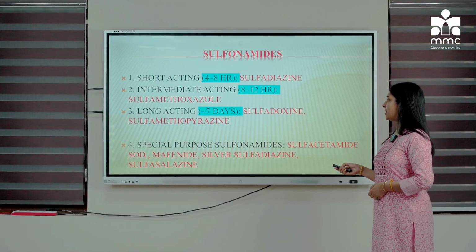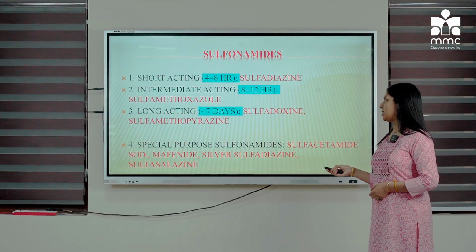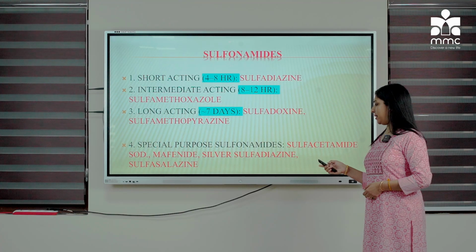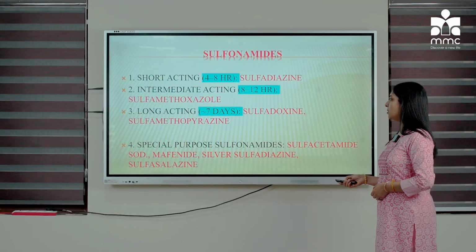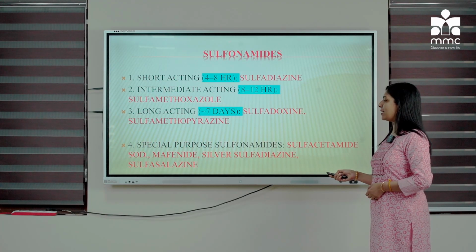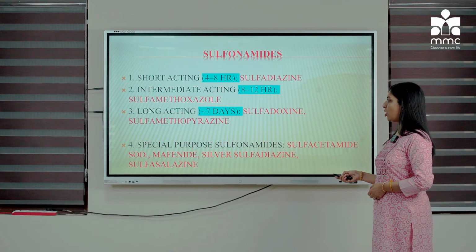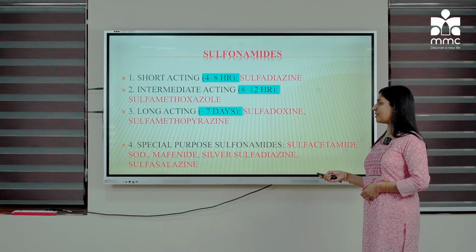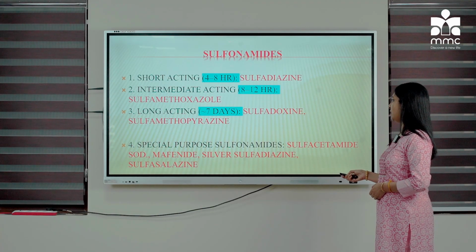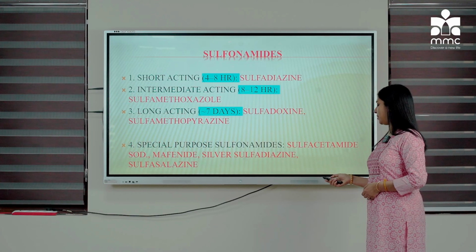Long acting, approximately 7 days, sulfadoxine, sulfamethopyrazine. Then other drugs for special purposes, as we have discussed before: sulfasalazine for ulcerative colitis, and for burn dressing we use silver sulfadiazine.